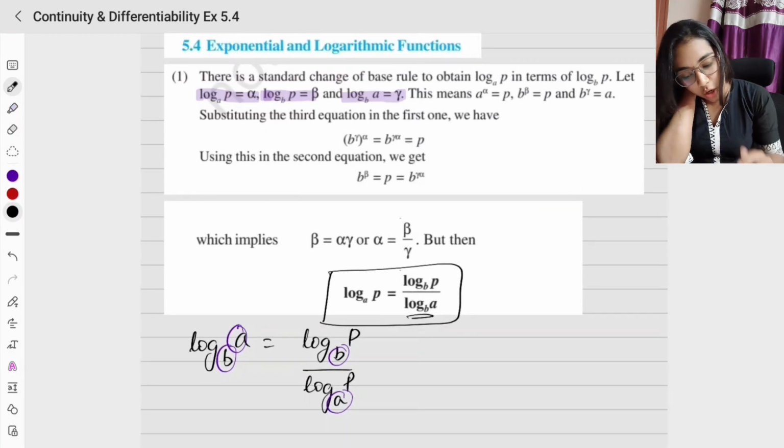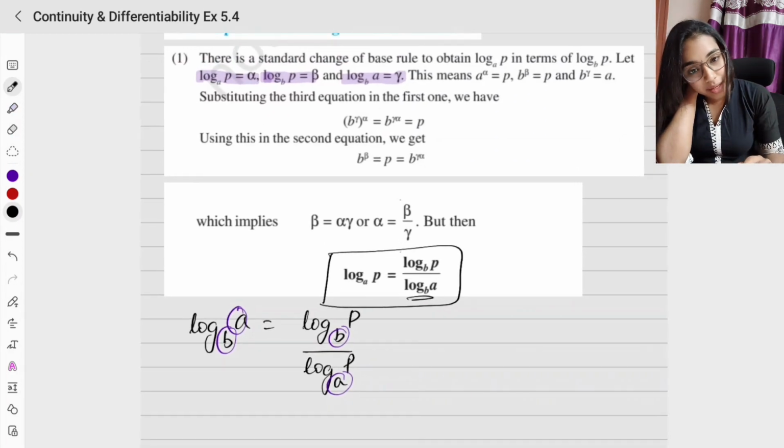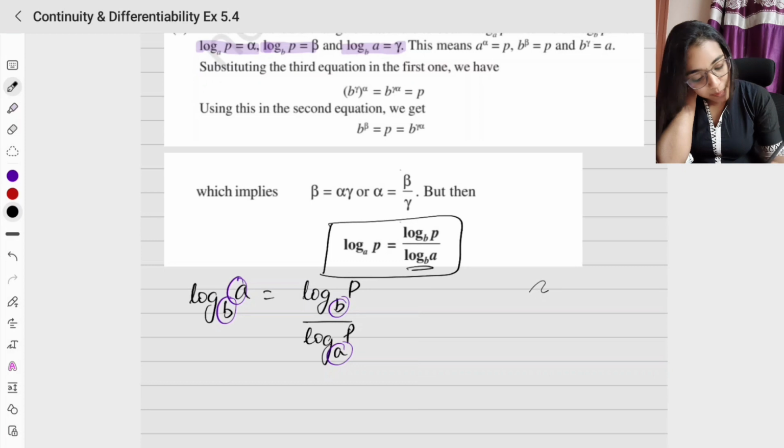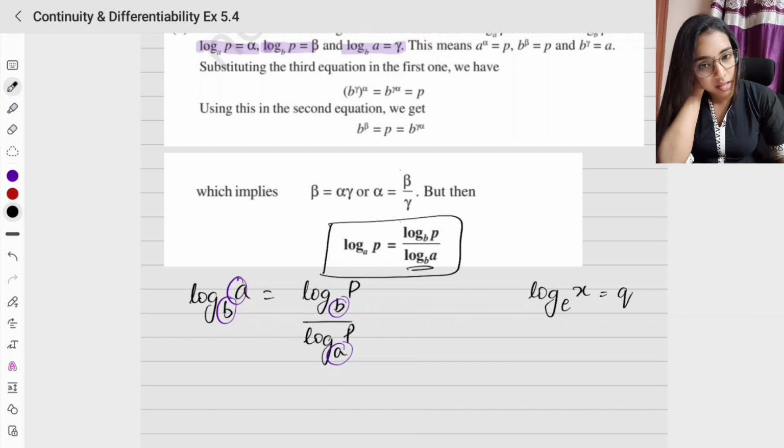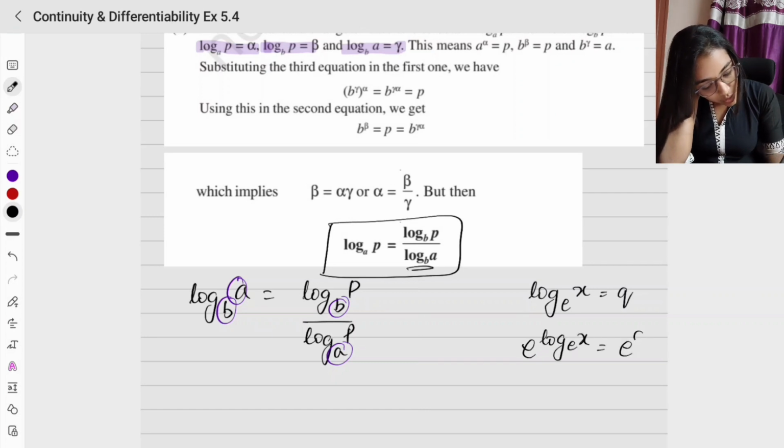What is given here? Log p to the base a is equal to alpha. Before this, the basic rule is that you should know that log of some value x to the base e equal to some value q. Now what is x? Taking exponent on both sides, you'll have e to the log e x equal to e to the q.